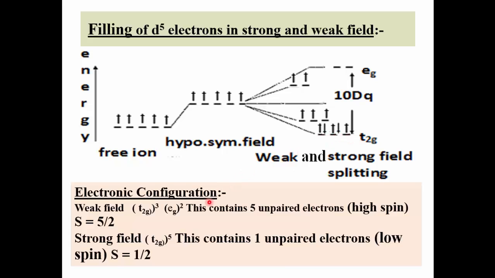Hence the electronic configuration in the strong field complex is t2g5, and this contains only one unpaired electron. This is called a low spin complex because there is only one unpaired electron.